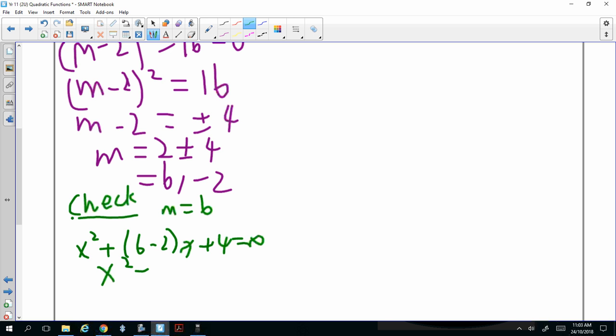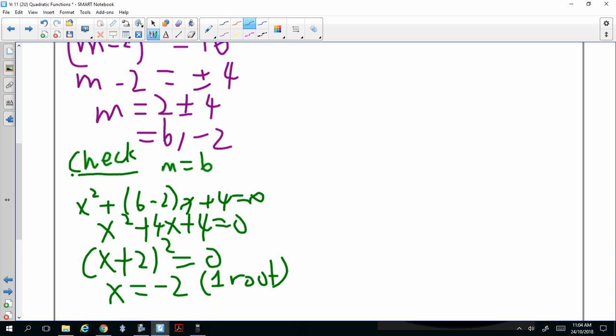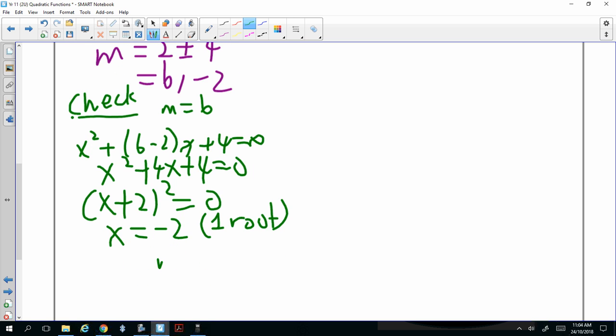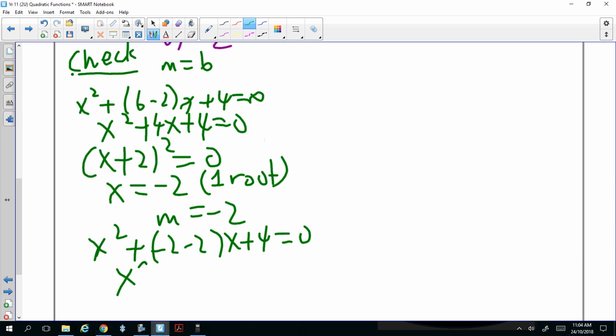Whenever the discriminant is 0, you get a perfect square. So what's x equal to? Negative 2. 1 root, right? Does that make sense? m equal to negative 2, you get x squared plus negative 2 minus 2. You also get a perfect square. You get x minus 2 squared is 0. So therefore x equal to 2. 1 root.